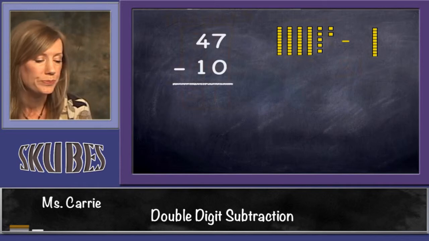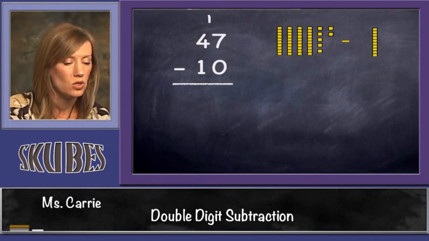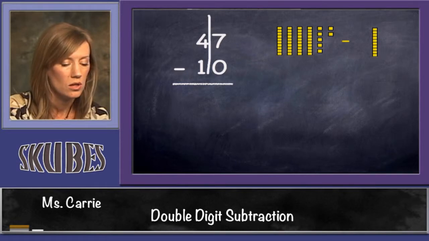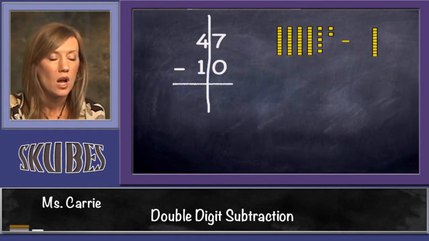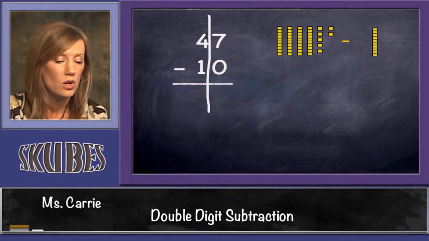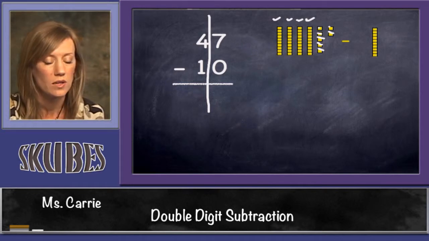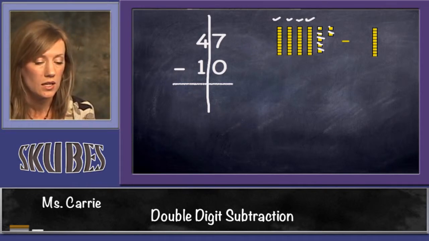Let's try another problem. Here we have 47 minus 10, and I'm going to draw a line down the middle so we remember our tens place and our ones place. Let's look over here at our picture. We have 10, 20, 30, 40, 41, 42, 43, 44, 45, 46, 47, minus 10.